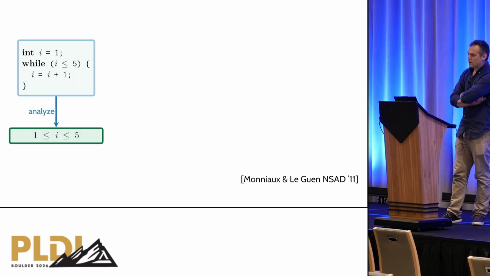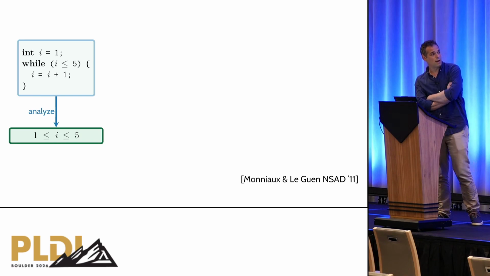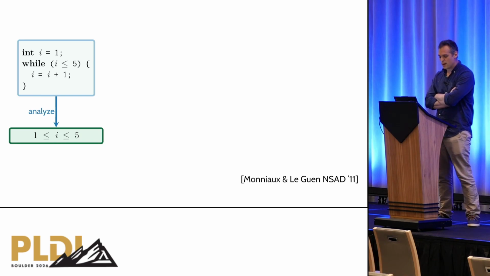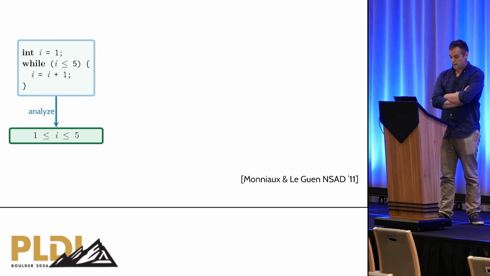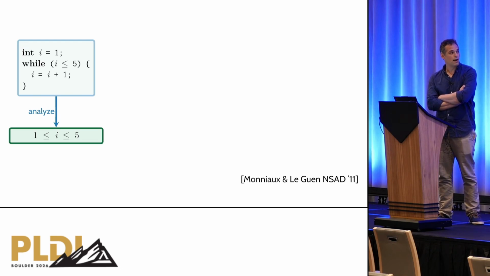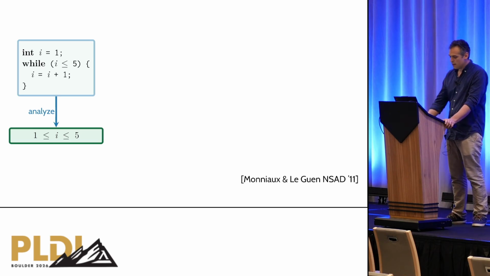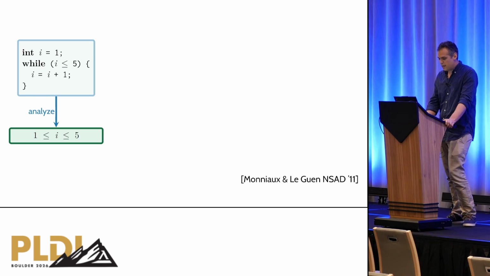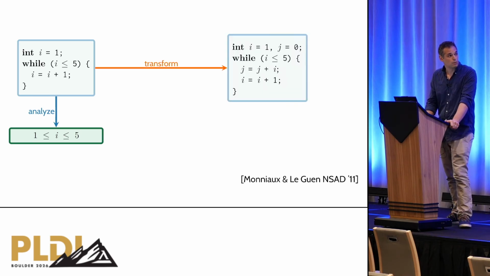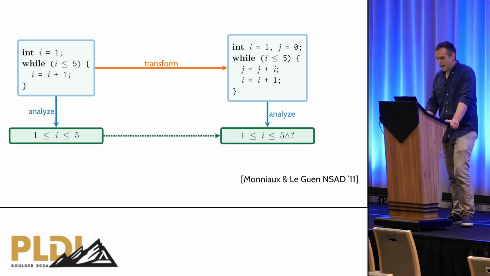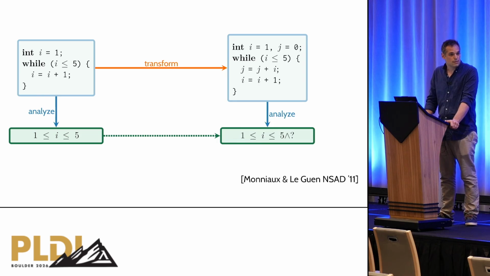So let's take as an example this program. Suppose that we analyze this program using a polyhedral analysis, and we find that i must lie in the interval between 1 and 5. And then we insert an extra variable j that accumulates the sum of all the values that i takes, and then we analyze it again using polyhedral analysis.